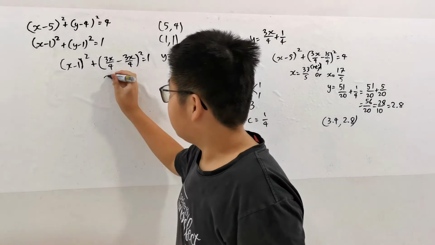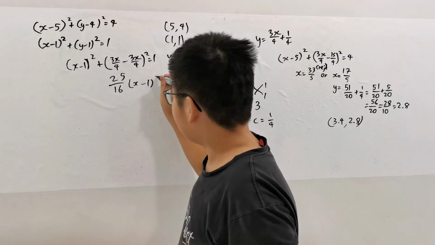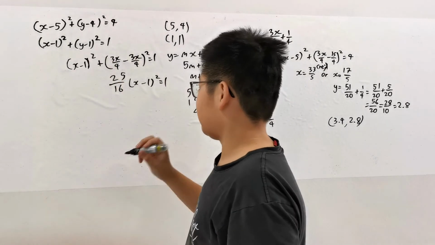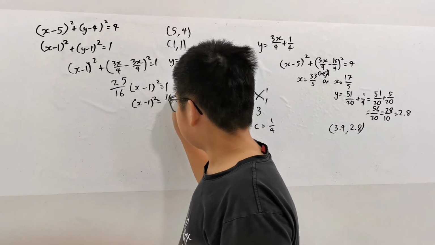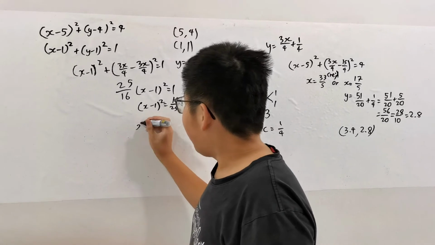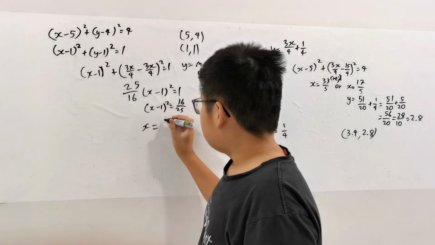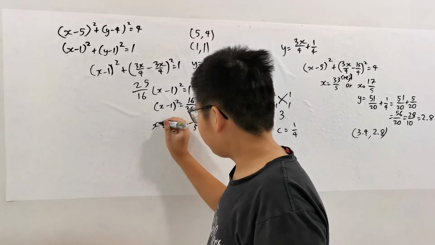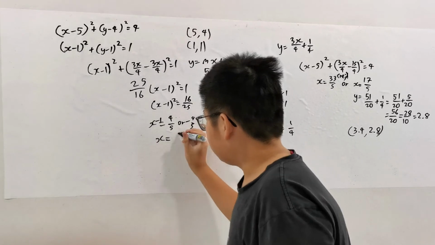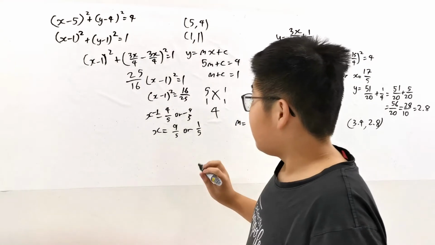Now look at it here. 25 over 16 times x minus 1 squared equals 1 because we added the squares of these two. And x plus 1 squared equals 16 over 25. x equals 4 over 5, or then minus 4 over 5, don't forget x minus 1, x equals 9 over 5 or 1 over 5.